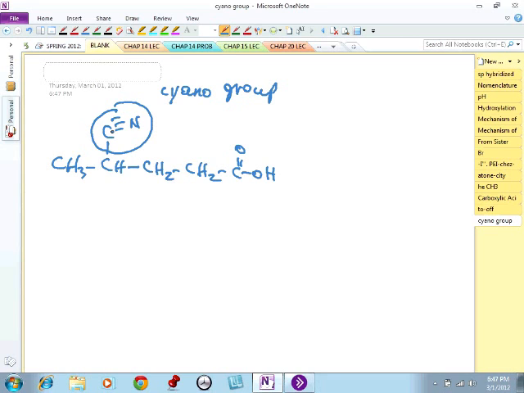So what will be the name of this molecule? This is position number 1, number 2, number 3, number 4, and number 5. So what will be the name of this molecule? 4-cyanopentanoic acid. Excellent.